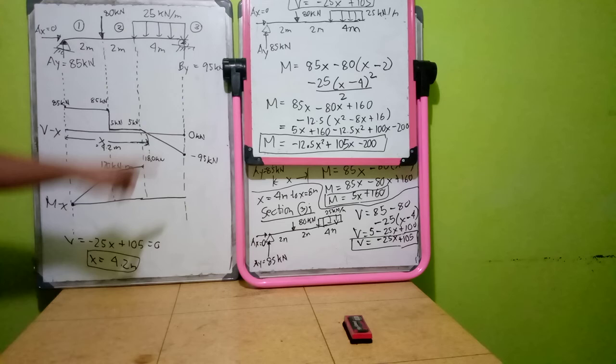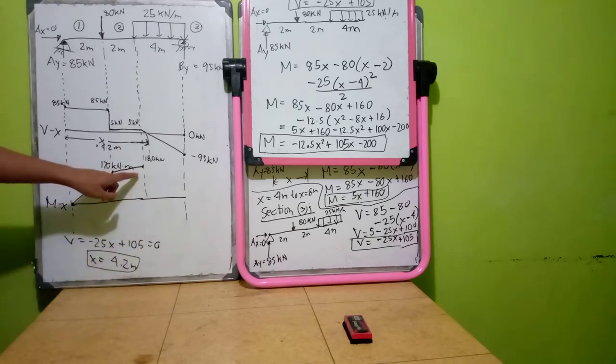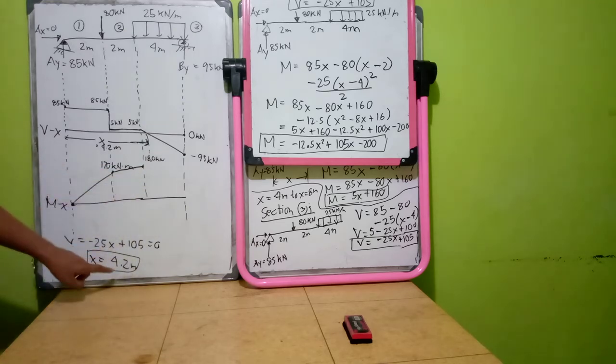Also here we have section 3. The maximum moment at section 3 will be at x equal to 4.2.